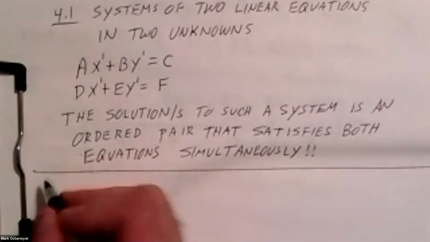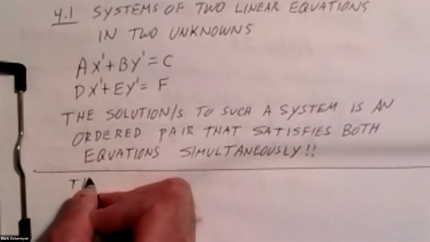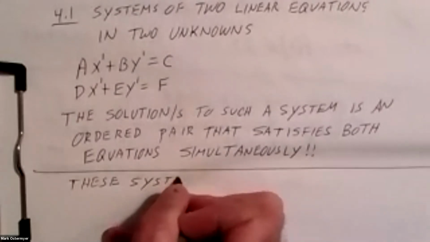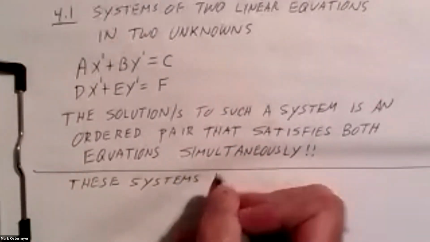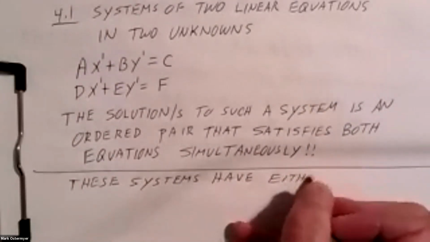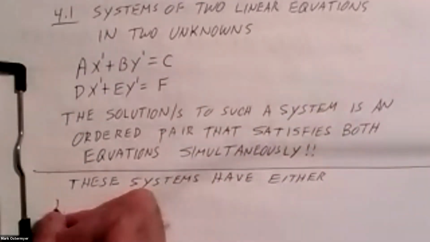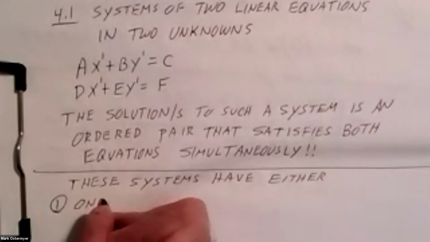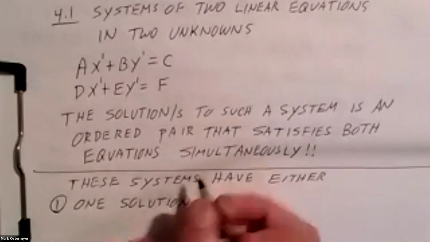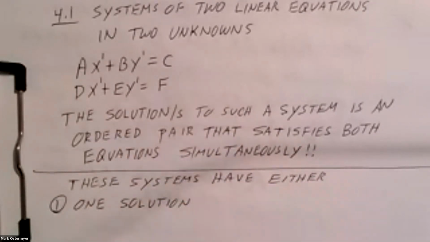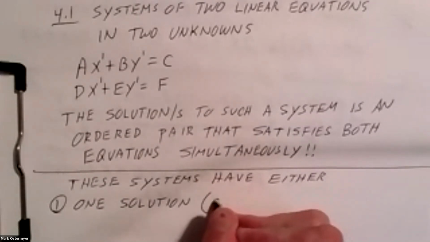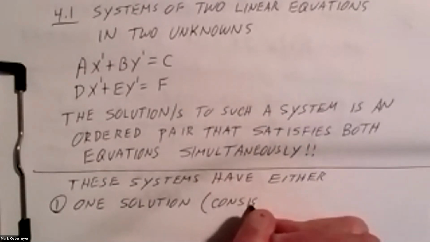These systems have either one solution, one unique ordered pair solution, in which case these systems are often referred to as consistent systems.